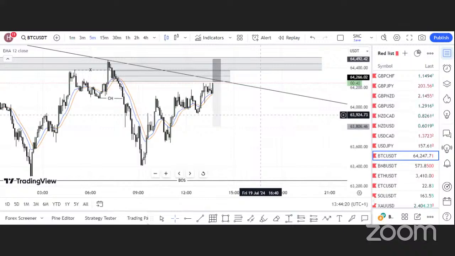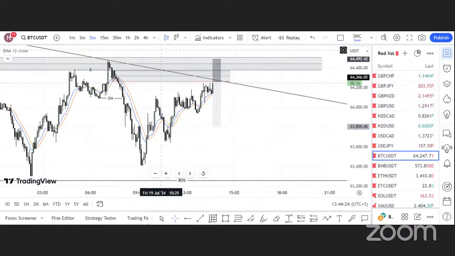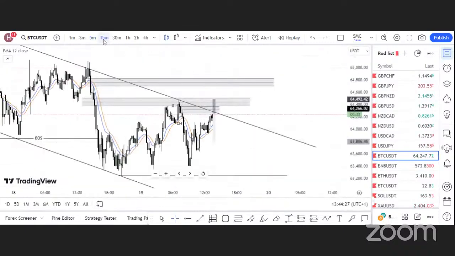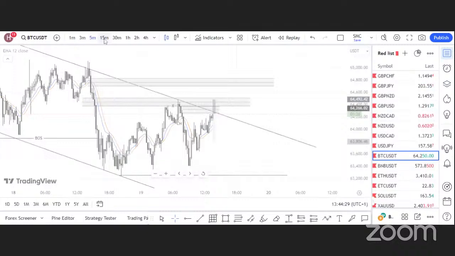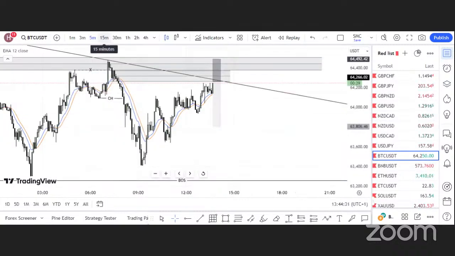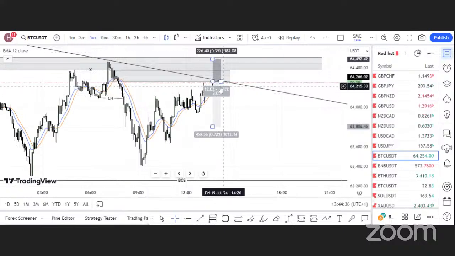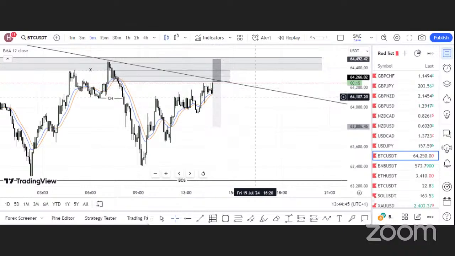So what we're going to do here now is we're going to stay on the 5 minutes time frame and allow this candle to touch this other block zone. So once we have a touch and the market gives us a rejection, then we can go ahead and open a position.